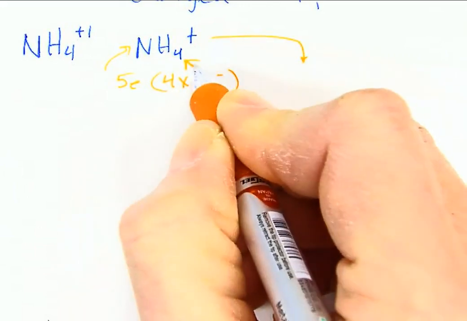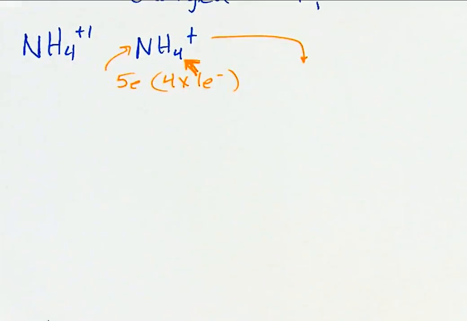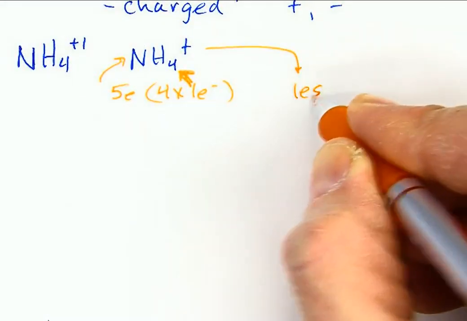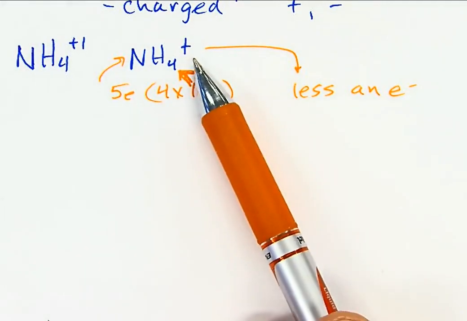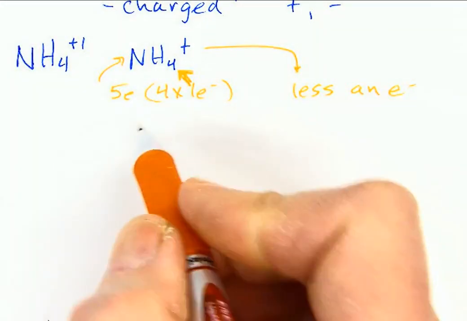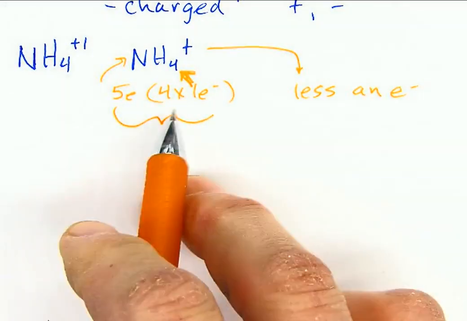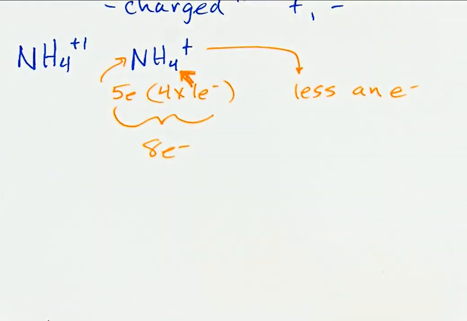But because there's a plus 1, it actually means that we subtract. We are less an electron. How did you get a positive charge? By losing an electron. So instead of the 9 here, we actually only have 8 electrons.